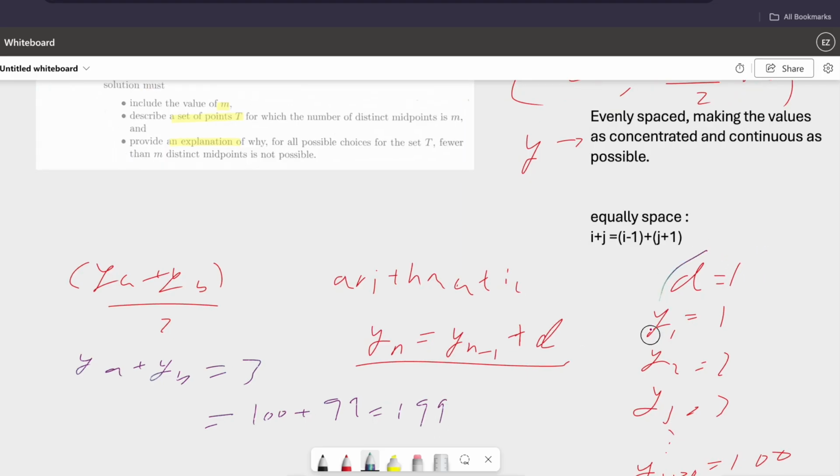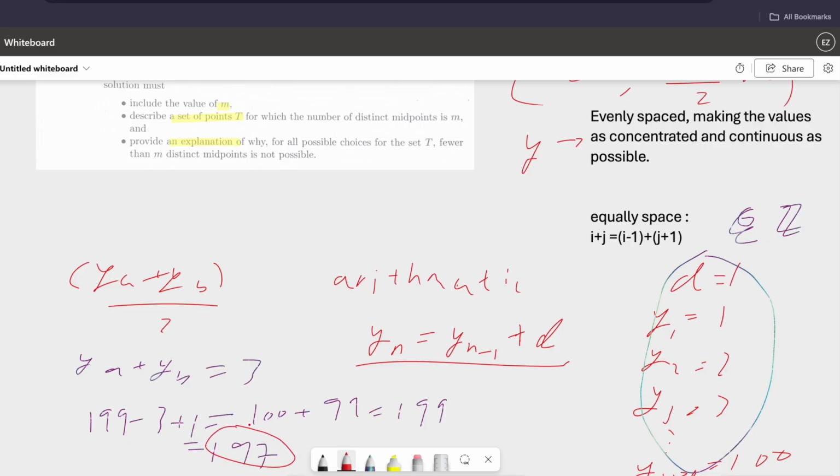Since all the numbers we listed are in Z, and two integer numbers added together are still an integer, the value of m is 199 minus 3, plus 1 to include ya plus yb equals 3, which gives 197. And this is our value of m.